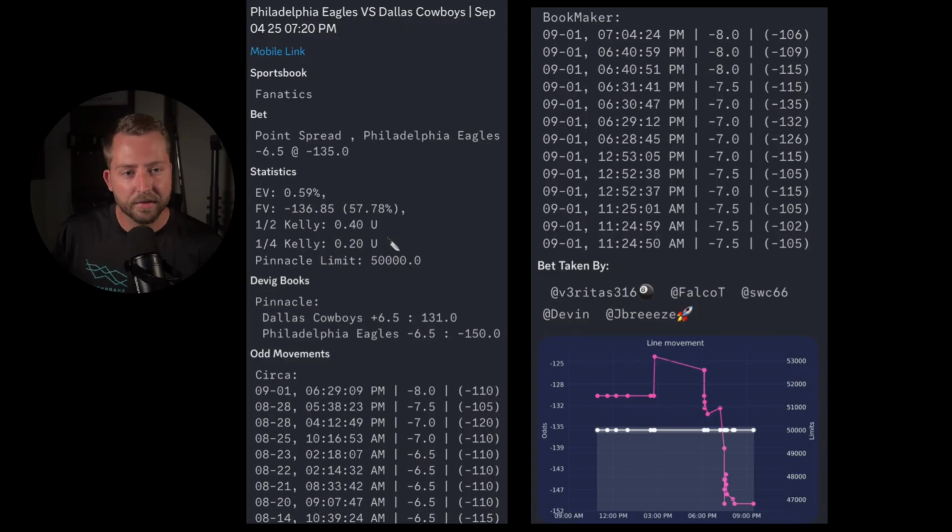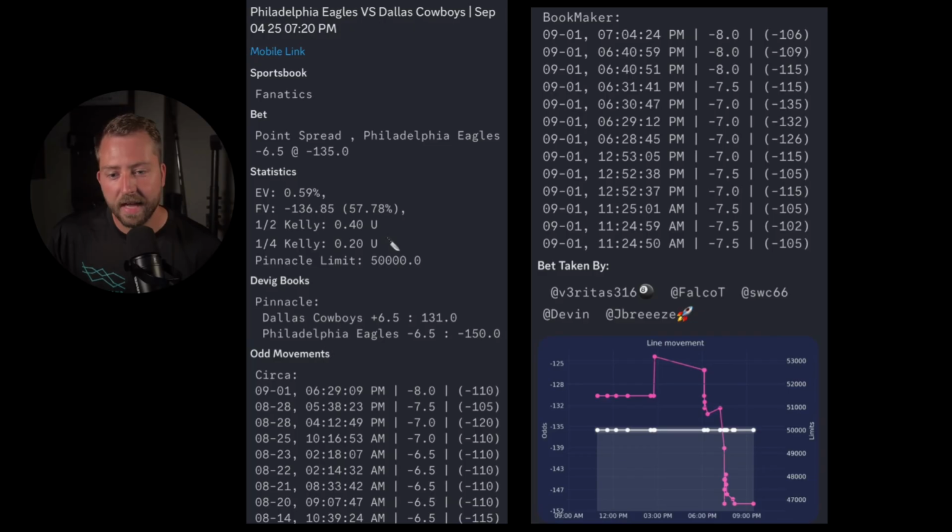Now we have to determine which way BookMaker and Circa are moving. If BookMaker and Circa are also moving towards the Eagles, favoring the Eagles, then this is a play that I will look into a little bit further. As we can see here, we have the date and timestamps of Circa main lines and their price. Circa typically doesn't mess with their prices too much. They just move their line.